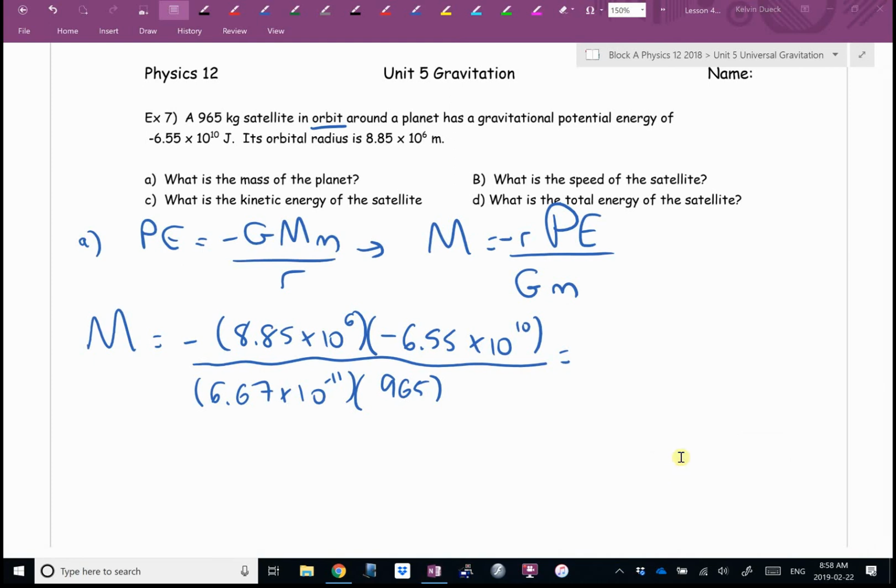It's a planet, so I'm expecting something in the 10 to the 20th or 10 to the 30th range, I think.